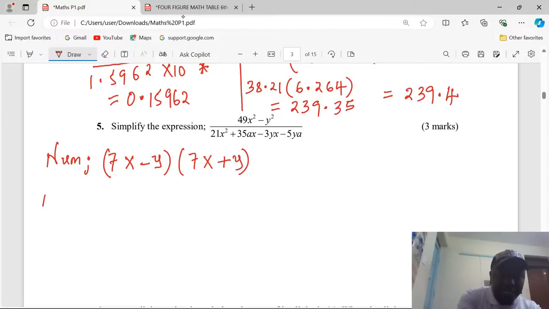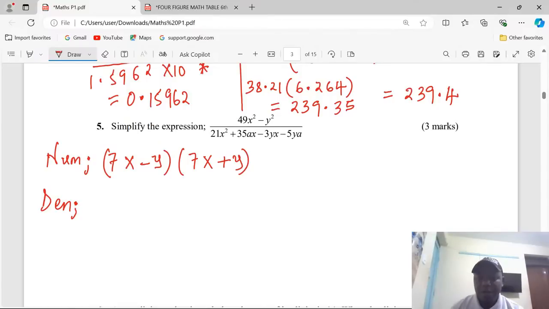Let's look at the denominator now. We factorize it with reference to what we've gotten from the numerator. When we look at the first 2 terms, 21x squared plus 35ax, then minus 3yx minus 5ya, in the first 2 terms there is a common factor, which is x.